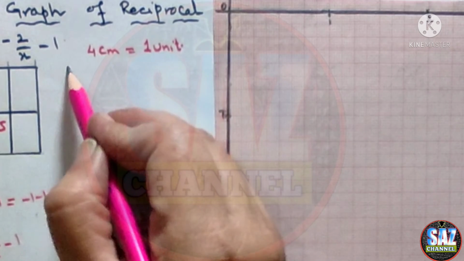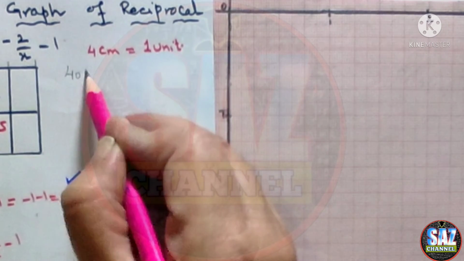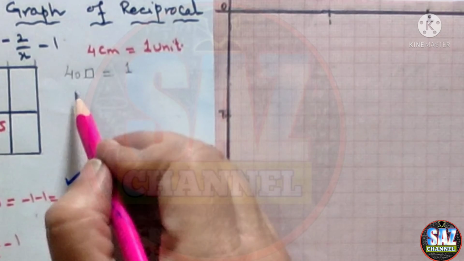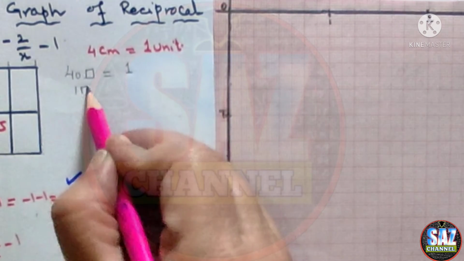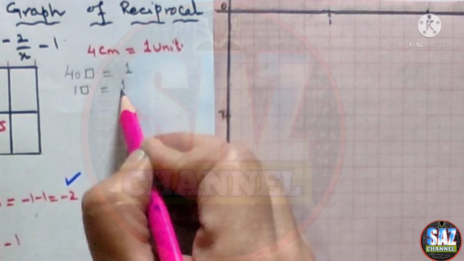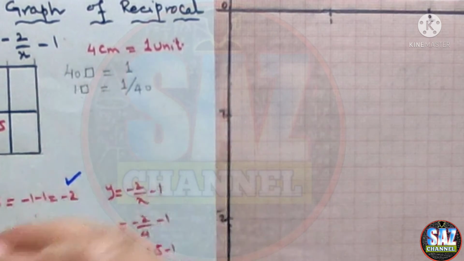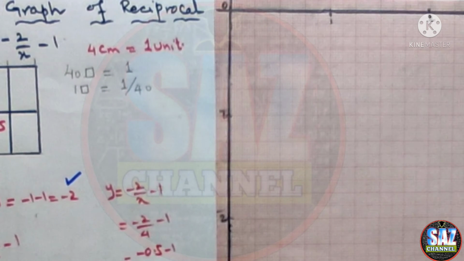4 centimeters means that 40 small blocks are equal to 1. It's really important to understand what the value of one tiny block will be for both axes, 1 by 40, because some students find it really difficult to locate the position of different values, so we should be clear about this.